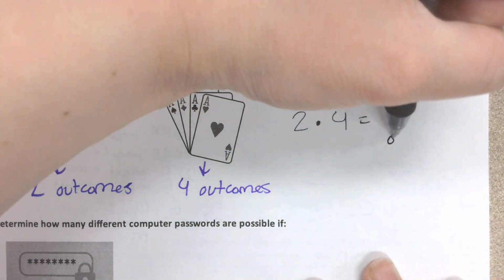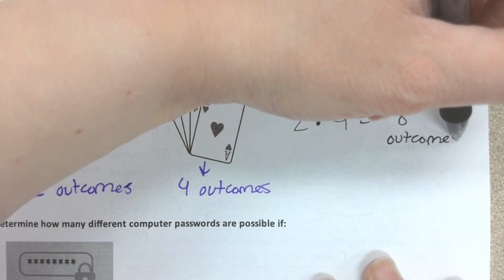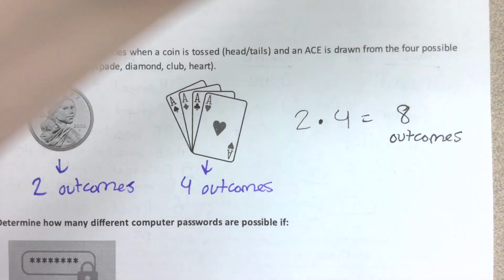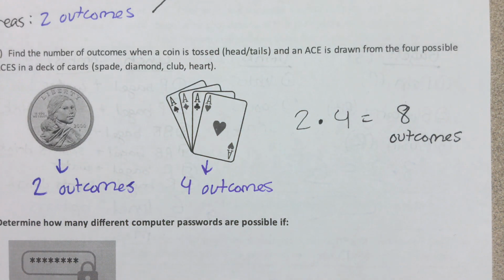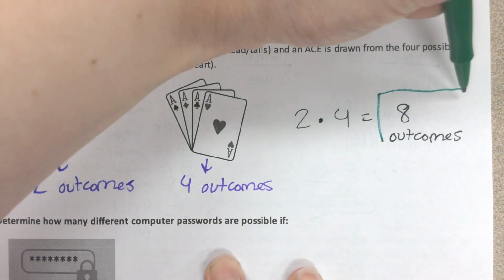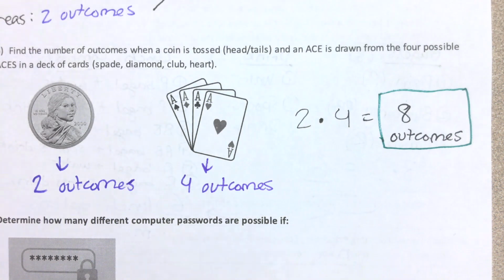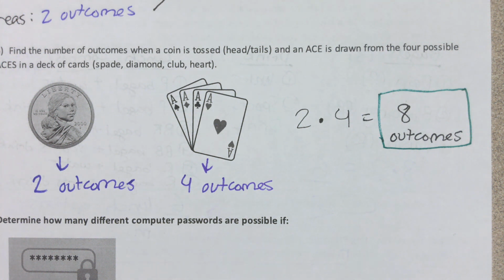So we have 8 outcomes. Questions before I do the password problems?